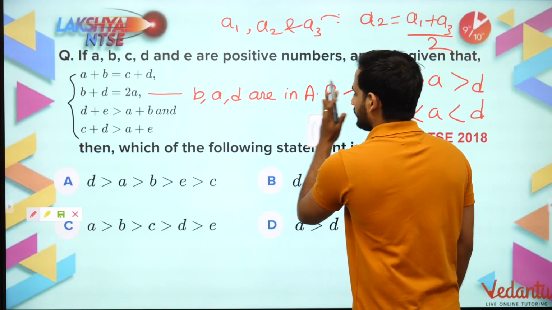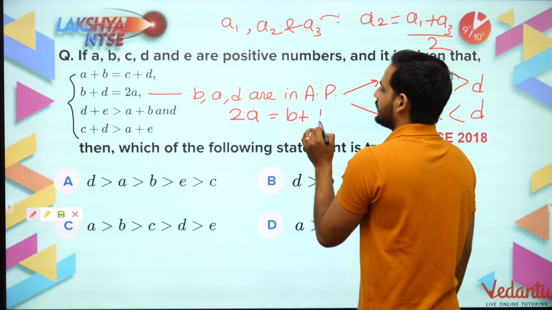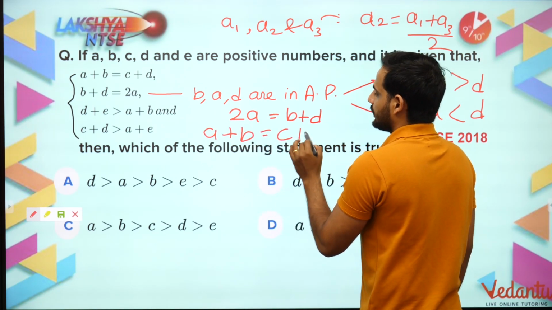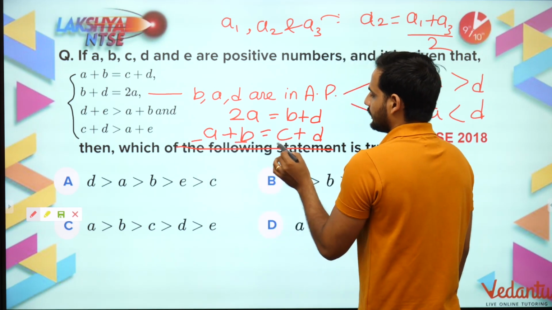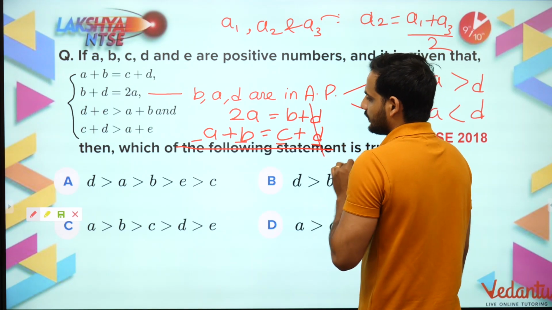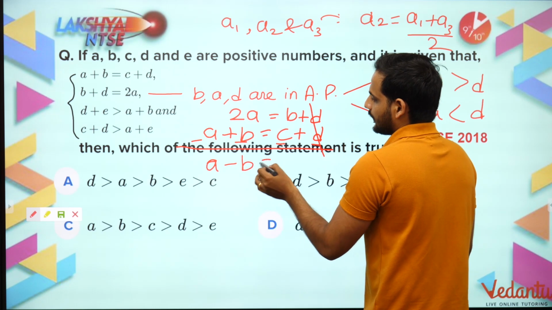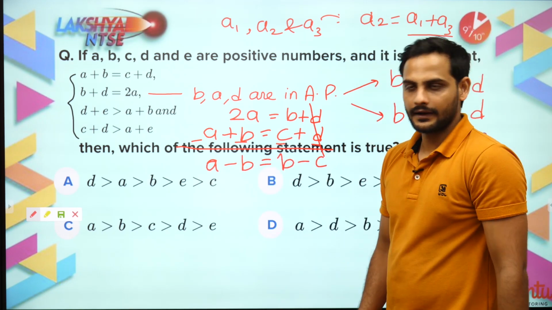So I want the positive term. From the second one, 2A is equal to B plus D, I will subtract A plus B is equal to C plus D. So when I subtract, bachcho, what will happen? See, minus, minus, minus, minus. So this D got cancelled. 2A minus A is A minus B is equal to, here you will be getting B minus C. Correct?